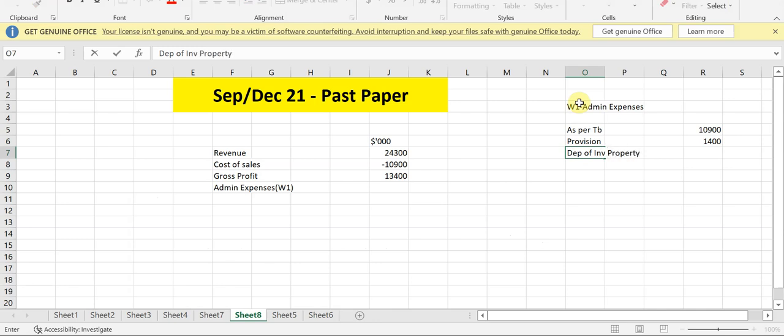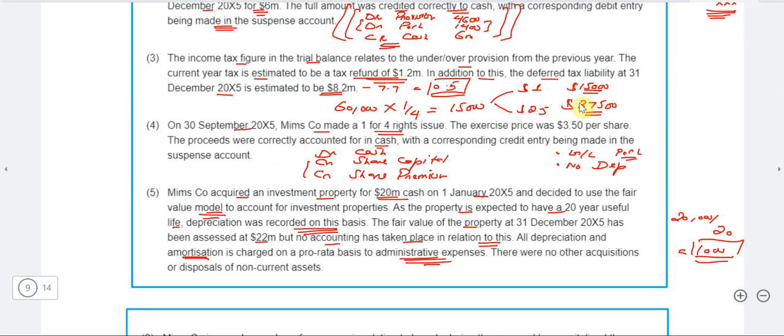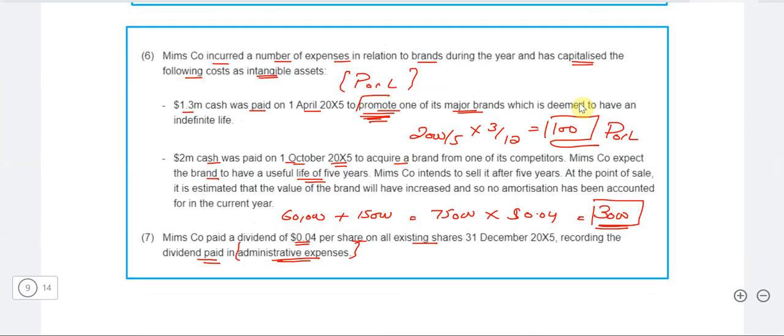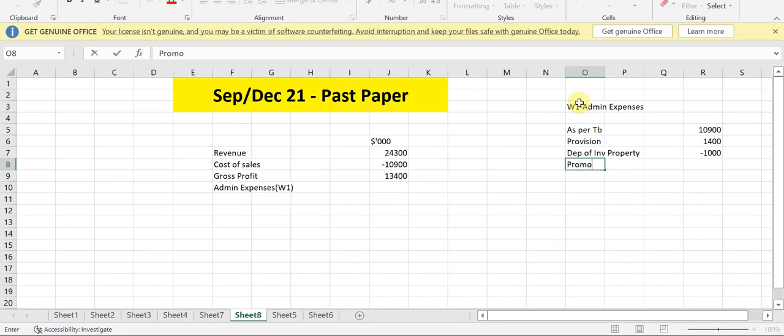We need to reverse it, so we'll minus 1000 from here. Then we have this 1.3 million of promotion which was capitalized. This should be expensed out, 1300.